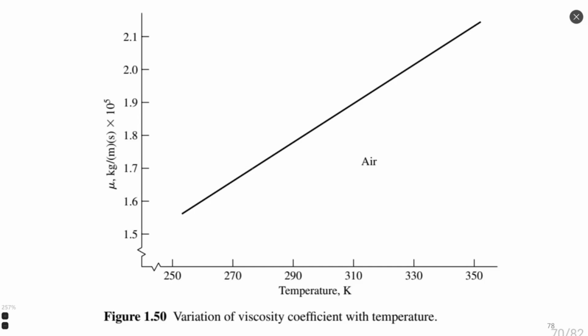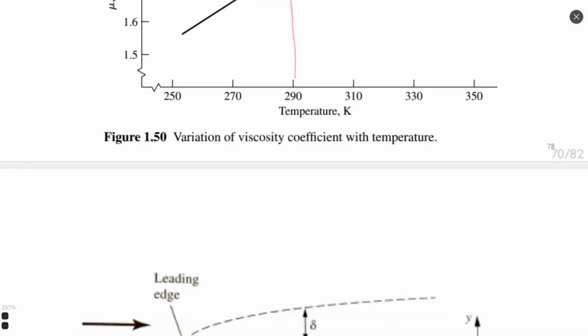Typical values are these, which we use in normal conditions because it corresponds to more or less 15 degrees. We use 1.8 10⁻⁵ in our calculations of Reynolds number, for example. As you may see also in my other videos where I explained how to calculate Reynolds number and size of the body for simulation, I used 1.8 as a viscosity.